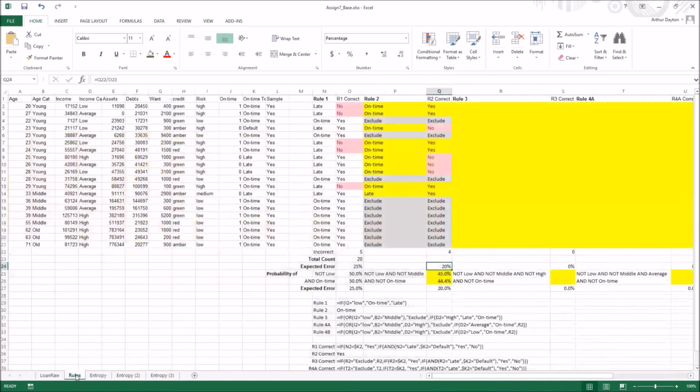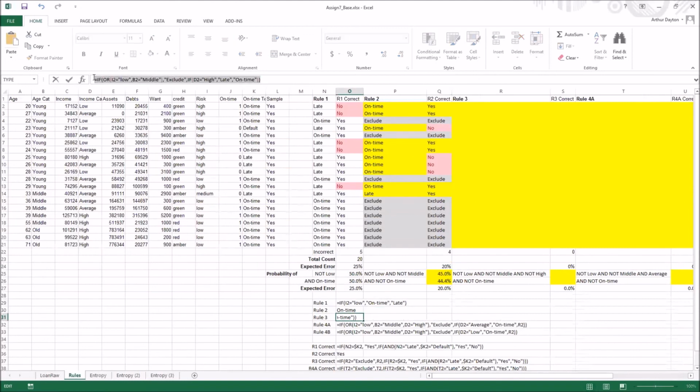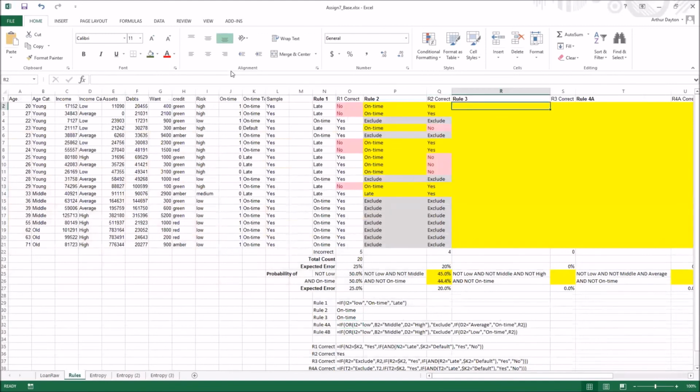So now we can go ahead and put that rule in as well. So here you can see I've got that rule created. So I'm just going to copy that and we'll paste it into our Rule 3 column.